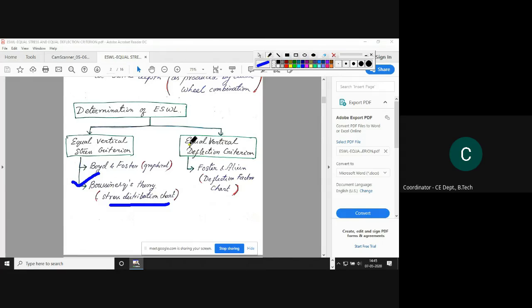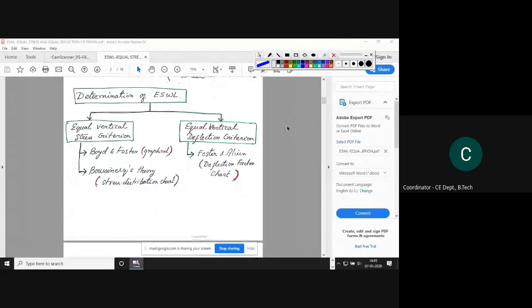And equal vertical deflection will be Foster's and Alvin's method. This is a modified version of Boyd and Foster's, and here we are using the deflection factor chart. So here we are using the stress distribution chart and here the deflection factor chart. I will show you in a later class. See here now how we will calculate.